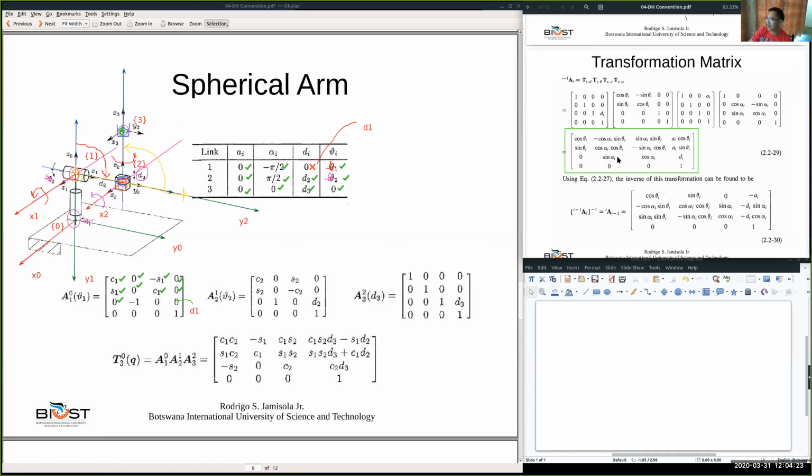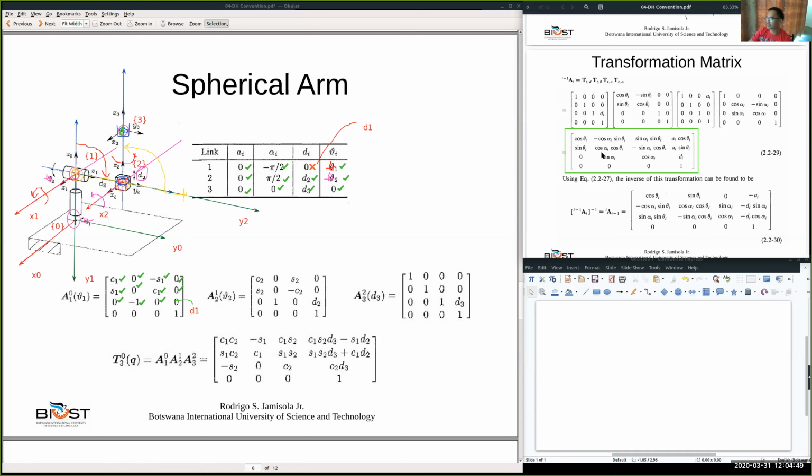And this is sine of alpha, sine of minus 90, that's negative 1, that's correct. And this cosine of minus 90, that's 0. Okay, everything is correct.